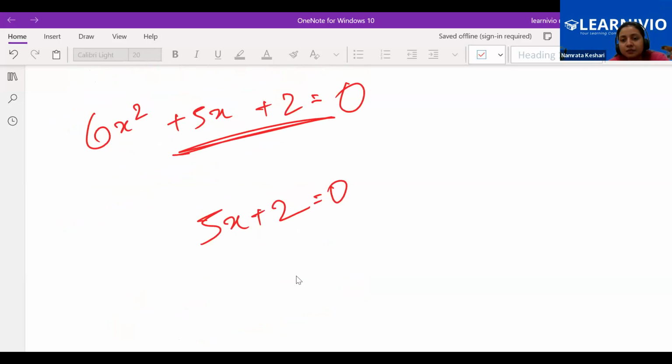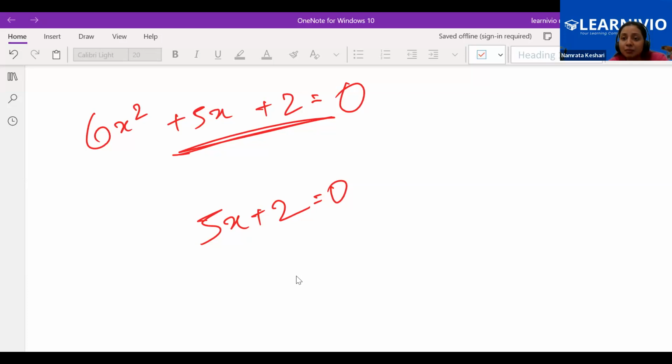Ma'am, can you repeat the question? The question is 5x plus 2 is equal to 0. Is it a quadratic equation? No, ma'am. It's not. If you connect it with the polynomial, we have a linear polynomial on the left hand side, and this is a linear equation.